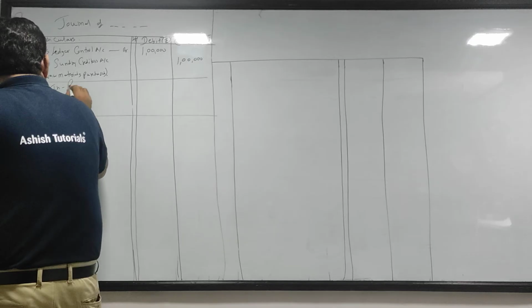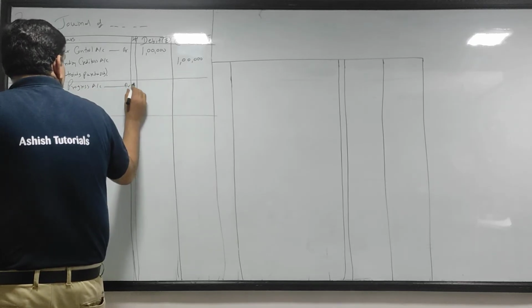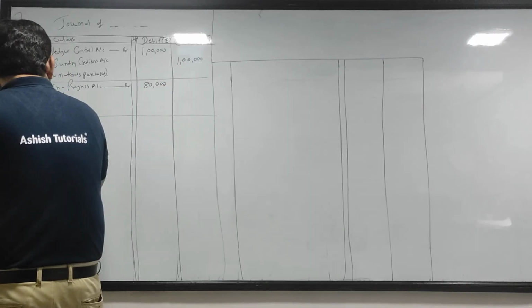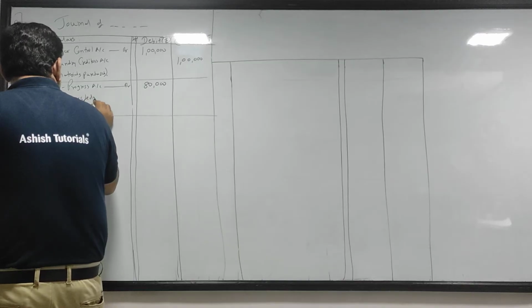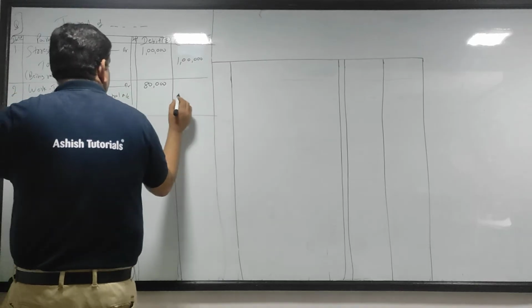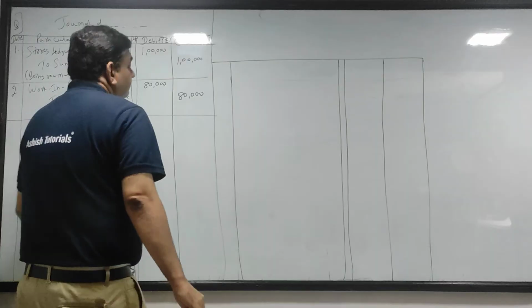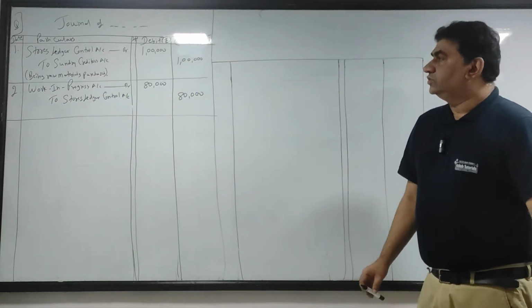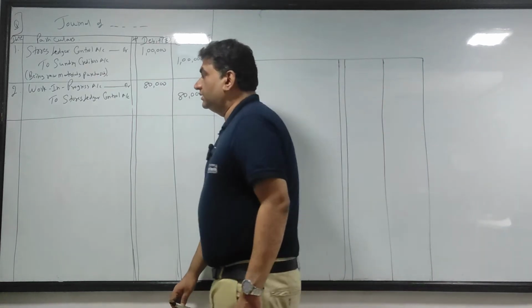Work in progress account debit 80,000 to store ledger control account 80,000.